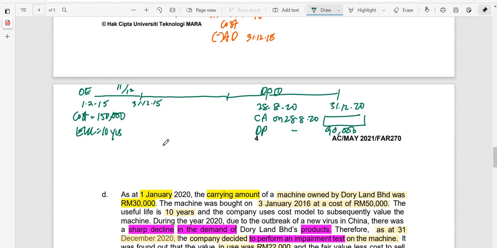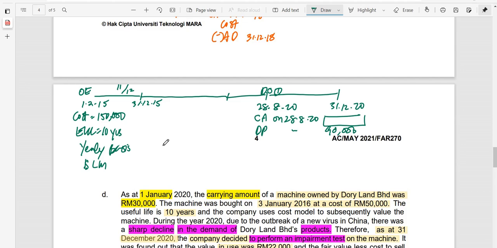To do that, we need to go and find the accumulated depreciation and take that accumulated depreciation, remove that from the cost. Before that, for your information, the company adopts a yearly basis for the depreciation. So the method was straight line method. So if you look at 1st of February 2015 until 31st of December 2015, this was just 11 months, but you still charge full year depreciation.